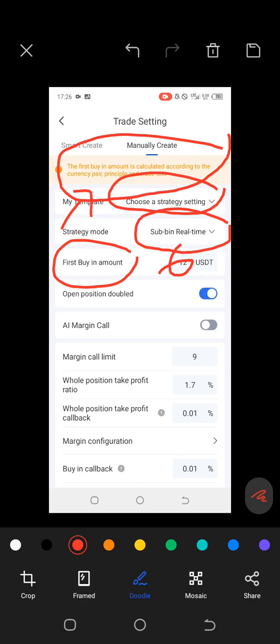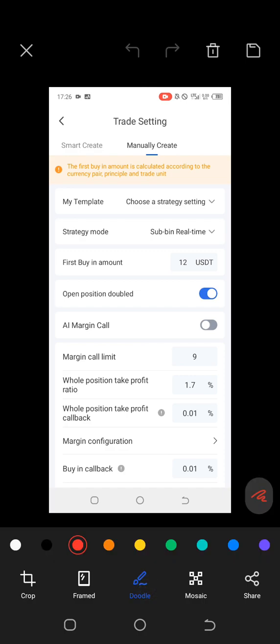So the first buy-in amount is calculated according to the currency per principal. Okay, so Royal Q would also adjust it in a way that it will be able to make the first buy. So we put $6 here, and for this strategy we open double position, meaning that whatever amount I put here in the first buy-in, I'm putting $6 here, and I open double position.